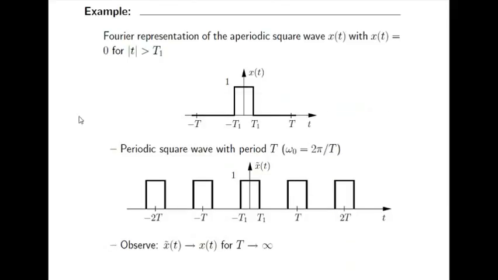Here you can see that this is an aperiodic signal, square wave x(t), where x(t) equals 0 for mod t greater than T1. So if I take this periodic square wave x cap t, or x tilde t, where omega naught is equal to 2 pi by T, then we can observe that if capital T tends to infinity, then x cap t will be equal to x of t.